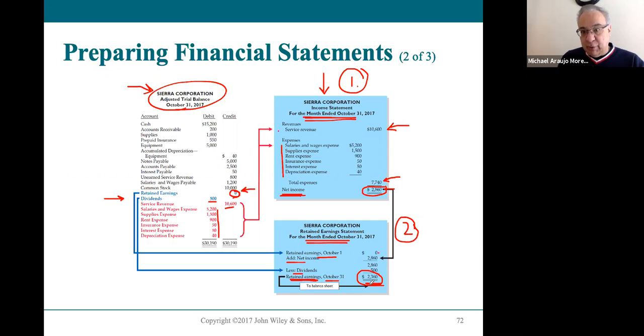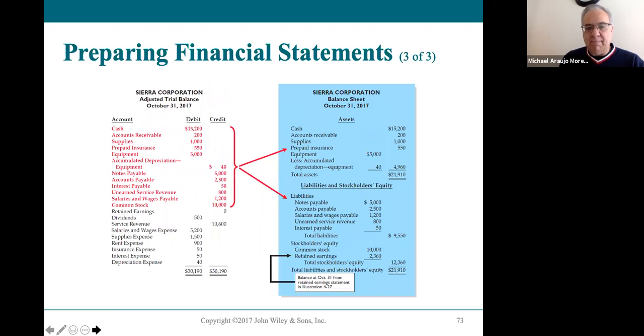Well, the owners do. So these will be transferred over to the balance sheet. We still use the adjusted trial balance for all of our final numbers because we've already adjusted all this. So we have faith that all of these numbers are accurate. So now we can report them.